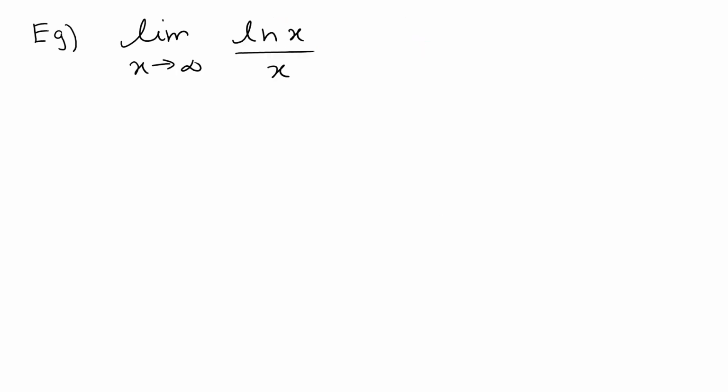Okay, so let's look at the next problem. As the next example, we have limit when x goes to infinity, ln x over x, and if you look at the graph of ln x, this is again something you need to remember. So this is the graph of ln x. It's going to pass through 1, and this goes to negative infinity when x goes to 0 from the positive side. So you can see in this case, when x goes to infinity, ln x goes to infinity, x goes to infinity as well.